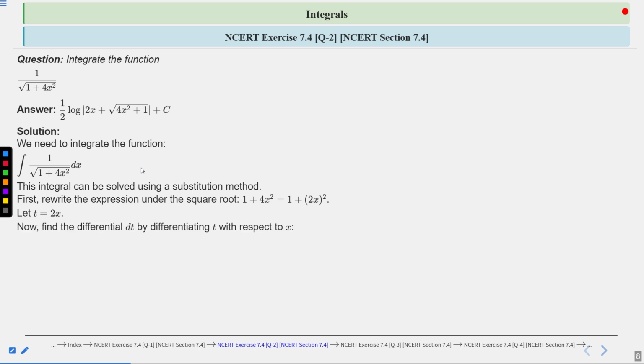Now we find the differential dt by differentiating t with respect to x. So we can write dt upon dx is equal to d upon dx of 2x, which is equal to 2.